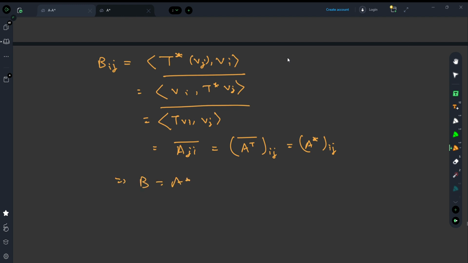But observe Aji bar is the conjugate of the transpose of A. So I am taking the ijth element of this, and it is exactly the ijth element of the conjugate transpose of A. So this means B must be equal to A star, right? Is this part clear?